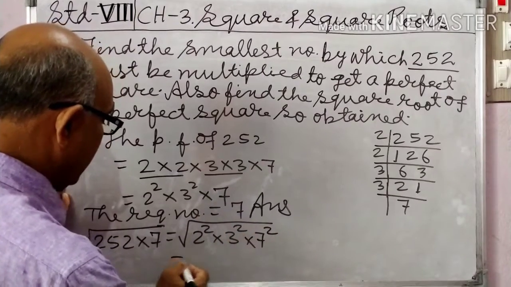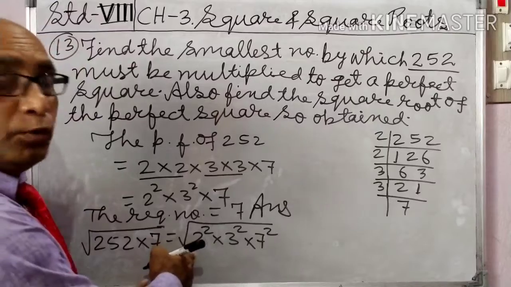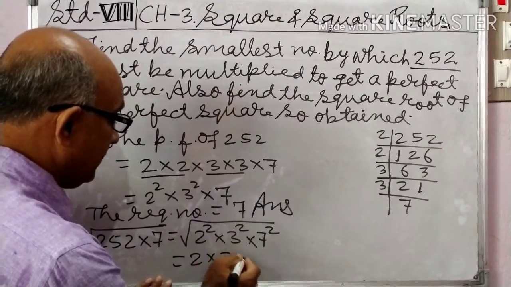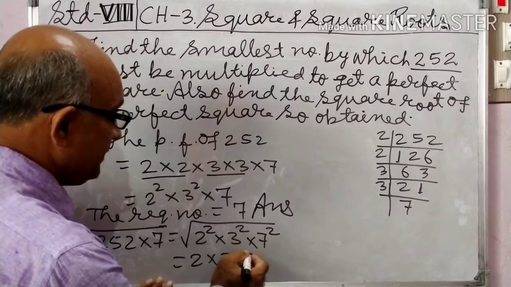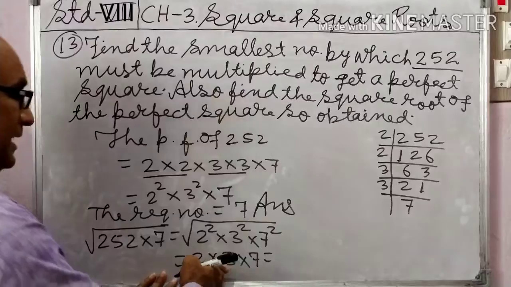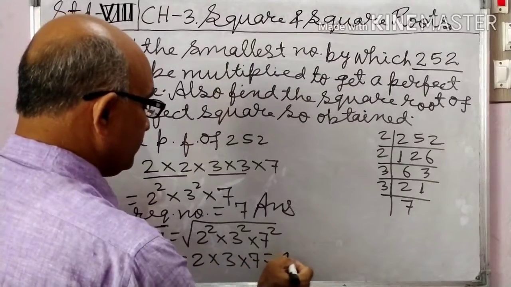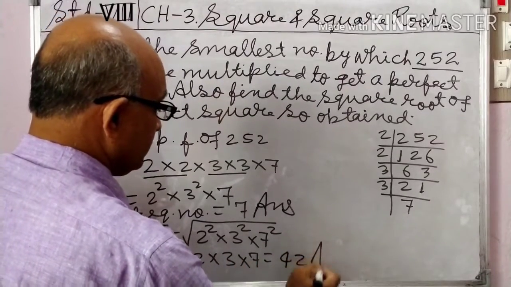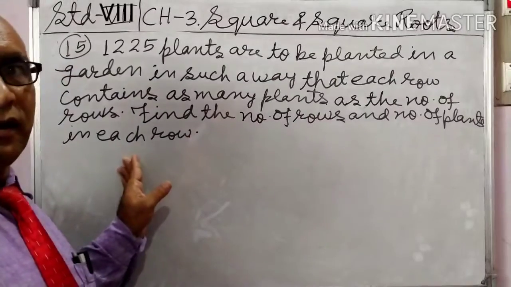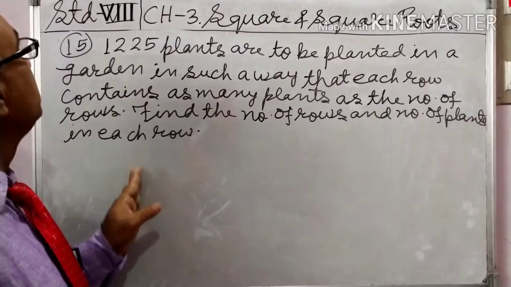The square root of 2 square is 2, the square root of 3 square is 3, the square root of 7 square is 7. So 2 times 3 is 6, and 6 times 7 is 42. Answer, write it.